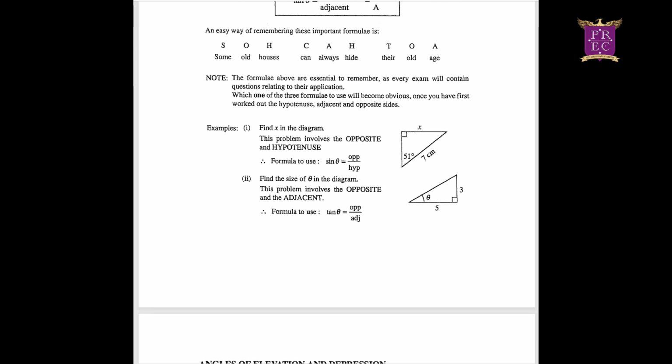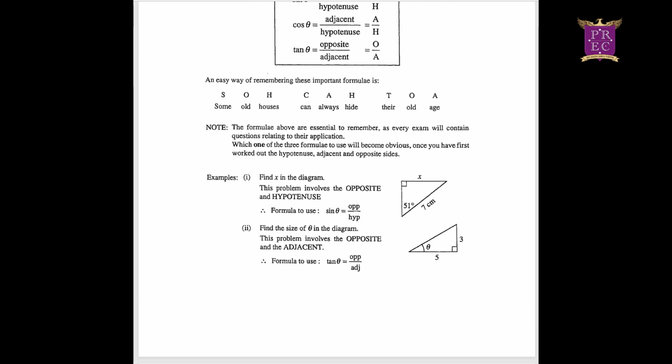Okay, let's do this question. What do we have here? We've got the angle, we've got the hypotenuse, which is directly opposite the right angle, and we're supposed to find x, which is the opposite. To find x, we've got an opposite and a hypotenuse.